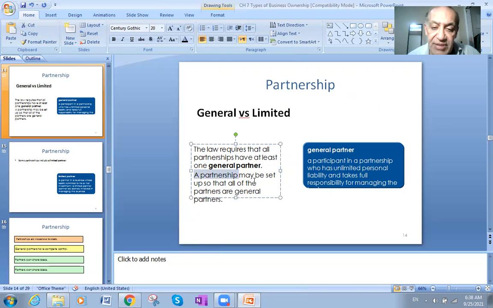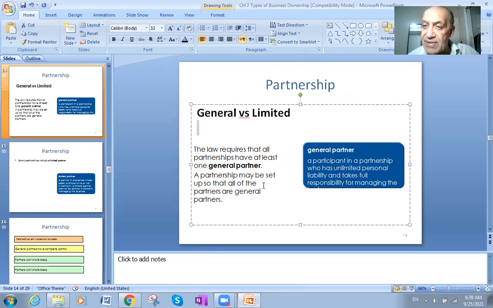A partnership may be set up so that all of the partners are general partners. Who is the general partner? It can be one general partner or several partners.